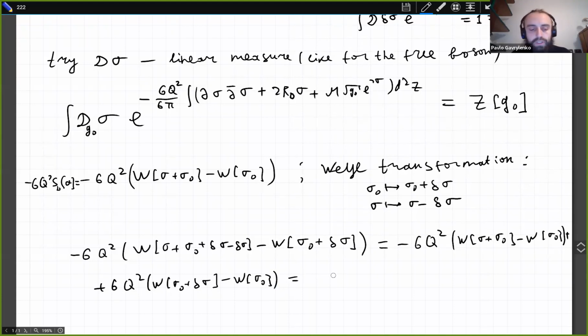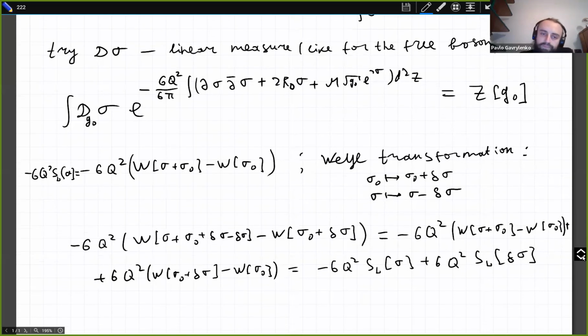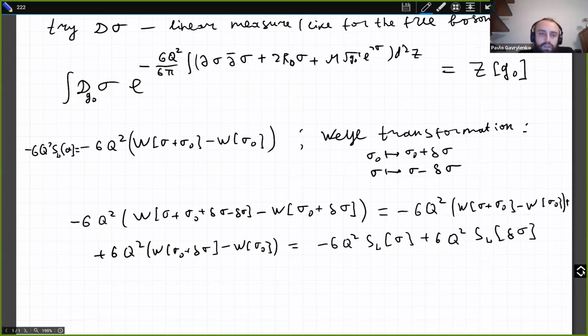And so this equals our original action minus 6q squared as Liouville of sigma plus 6q squared as Liouville of delta sigma. Right.